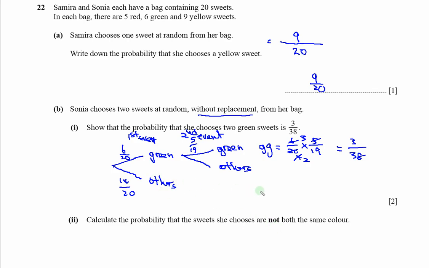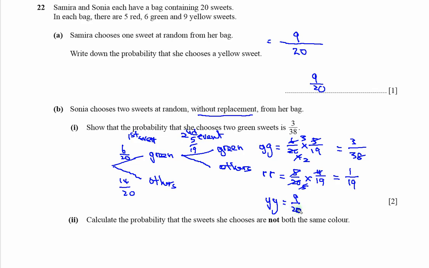Okay, now we have green, which is this. What about red? We can actually find red. Red is 5 over 20. The second time you choose red is 4 over 19. Okay, simplify this. 4, this 5, cancel, is 1 over 19. Okay, now yellow will be 9 over 20.